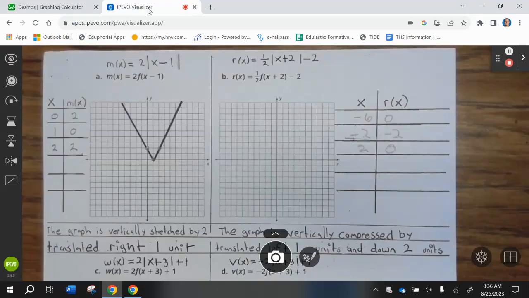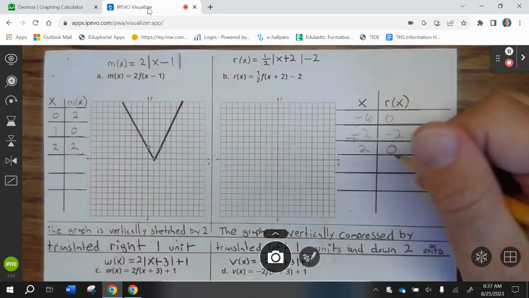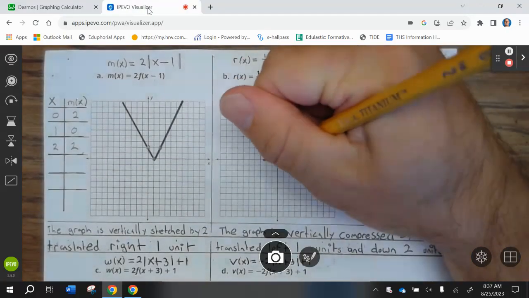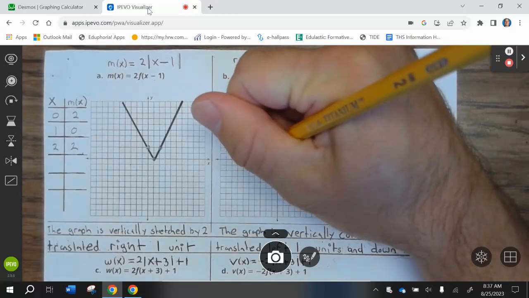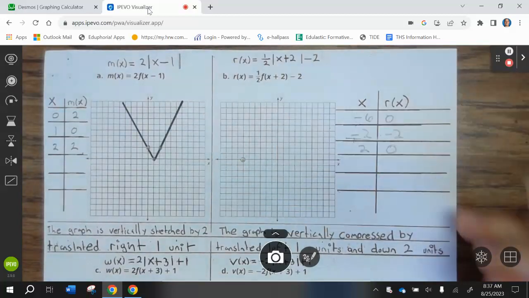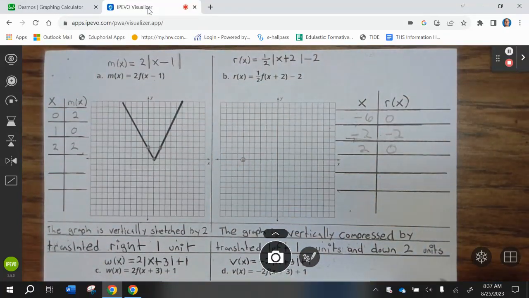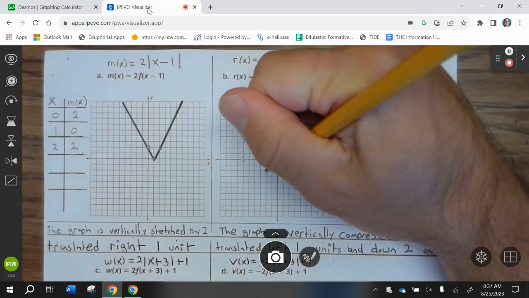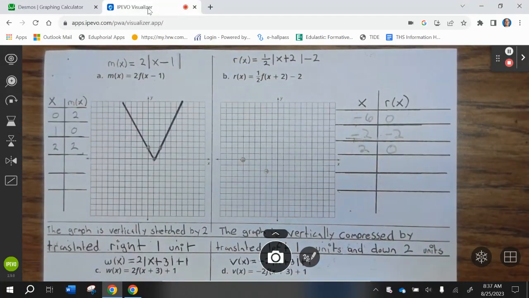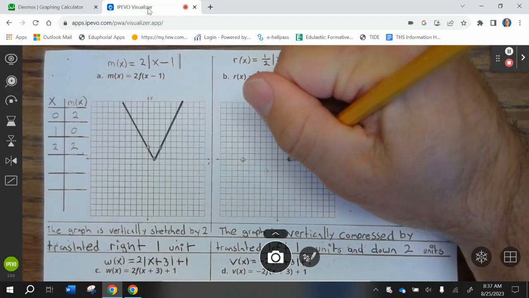All right, so let's go ahead and graph those points. (-6, 0), (-2, -2), and (2, 0).